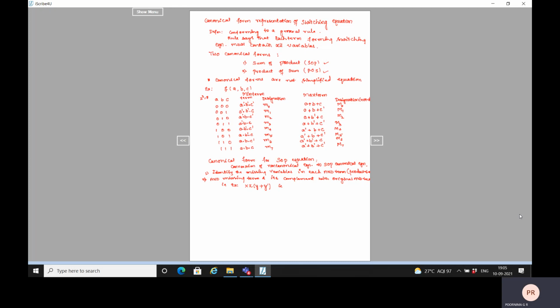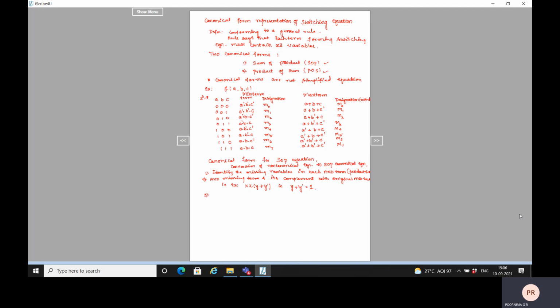Whenever you are ORing y with its complement, its output will be 1. So it will give the same product term even after adding this missing variable.